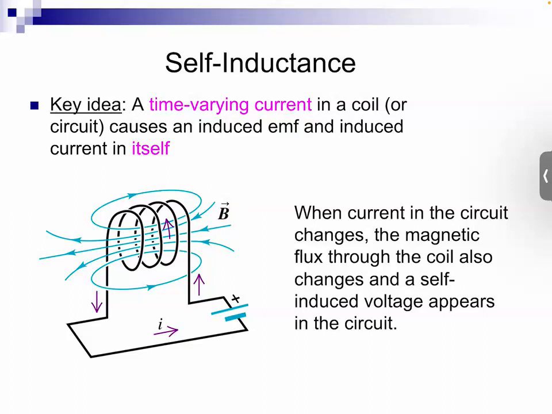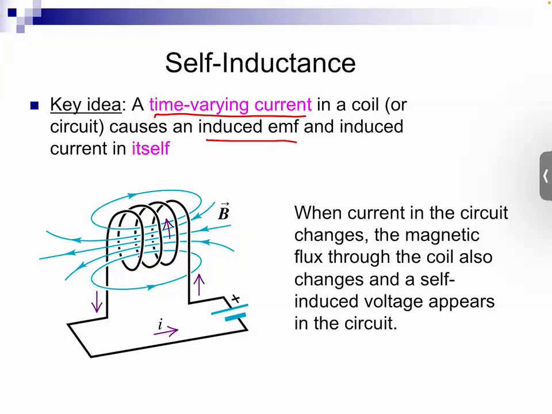But then when you change the current magnitude, for example, at the moment when you close the switch, so you have this sudden increase in the current, or when you open the switch, when you have a sudden decrease in the current, you then have a change in the current through this coil. And according to Faraday's law, again, if you are changing the current, then there should be an induced voltage or an induced current, right?